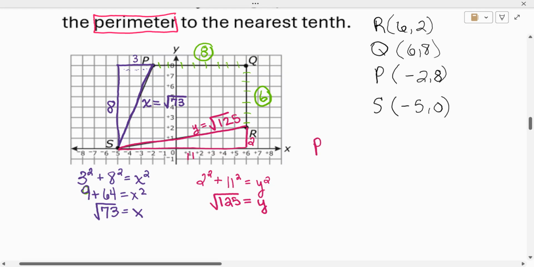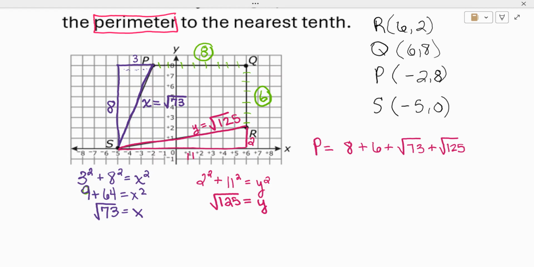So our perimeter, add up all the sides, is 8 plus 6 plus the square root of 73 plus the square root of 125. Put all that into your calculator because it says just give us the perimeter to the nearest tenth of a unit. 212. That is not what I got.